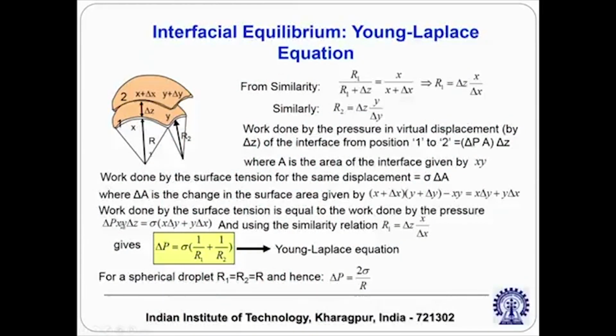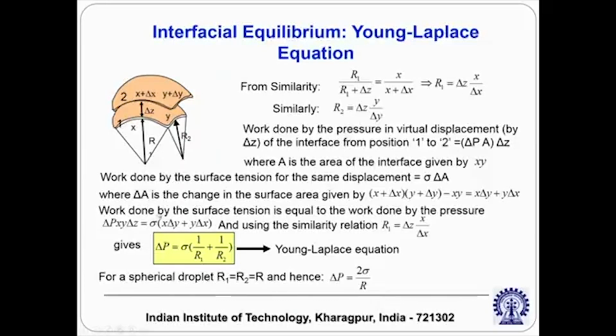If delta P is the pressure difference across the two sides, then delta P times x times y is the force, right? The pressure difference times the area, x into y, is the force, times the displacement delta z, that is the work, and the surface energy is surface tension times the change in area.